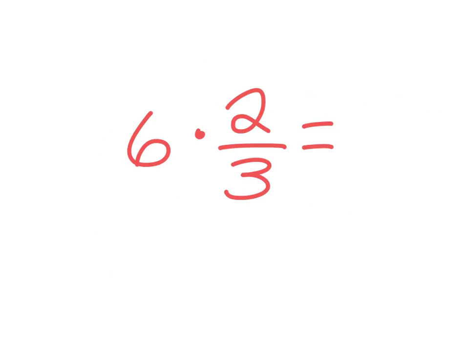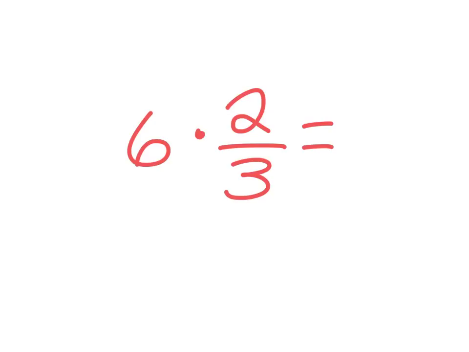Okay, so let's imagine that there is a runner, a marathon runner, who is going to run 2/3 of a mile for 6 days, and we want to see how far the marathon runner ran. So we're going to multiply the 6 days times the 2/3 of a mile that the runner runs each day.